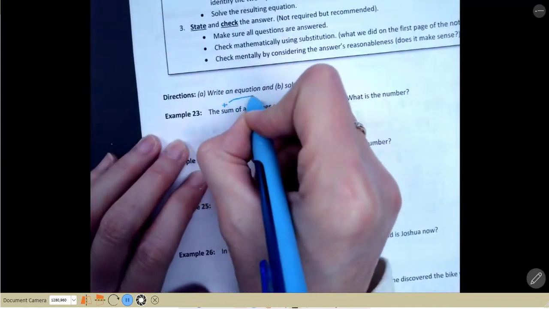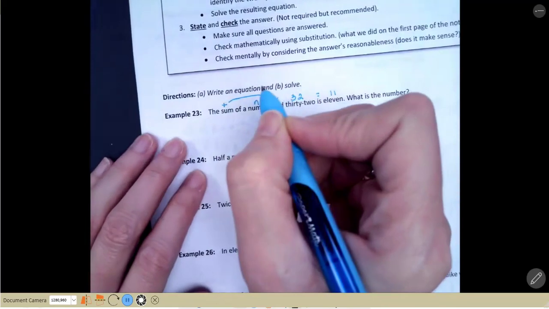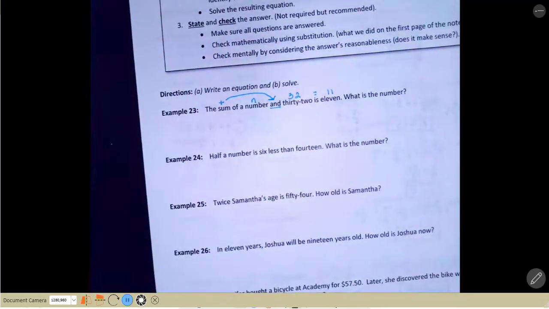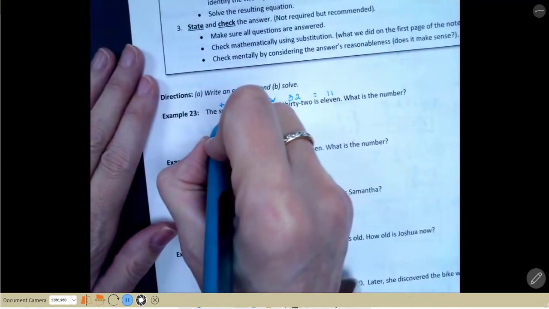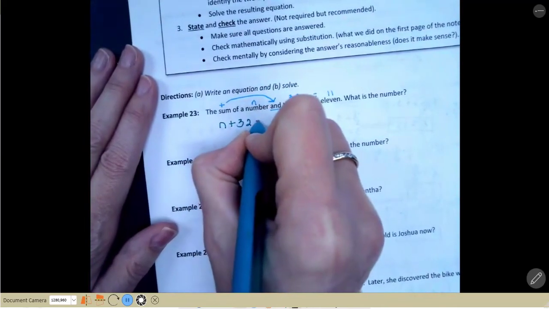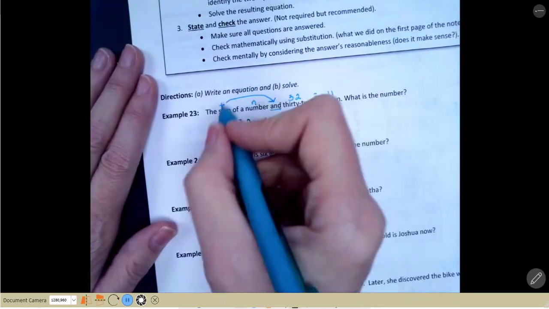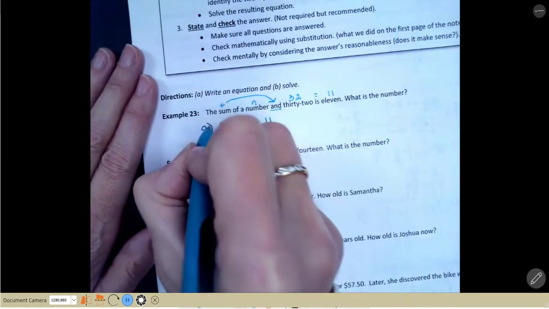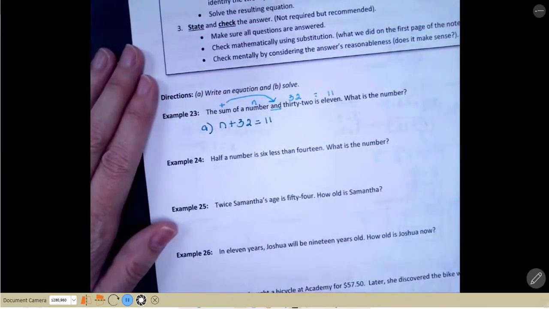I don't know if you remember doing that in the other lessons, but we're taking the sum of the number and 32, so we're adding those 2 together. When we write out our equation, we end up with n plus 32 equals 11. This is A, our first answer.